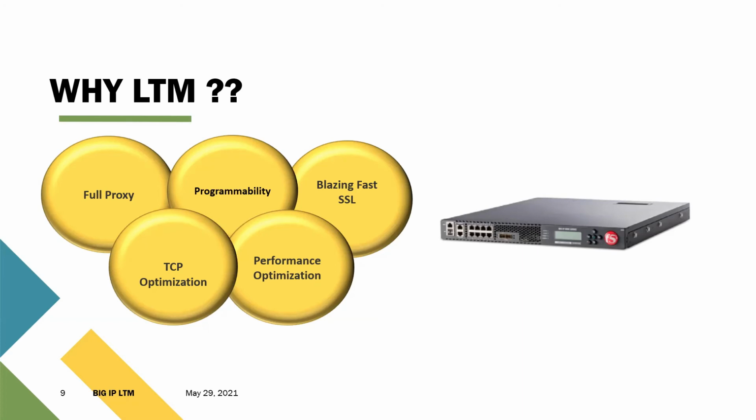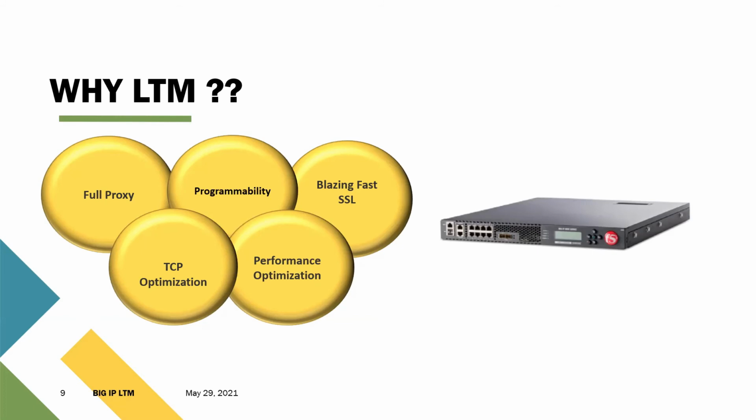And if it mentions HR/HR, then there's a different set of servers this request should be served on. So this is just a few examples to give you a little bit of idea what you can achieve on LTM.